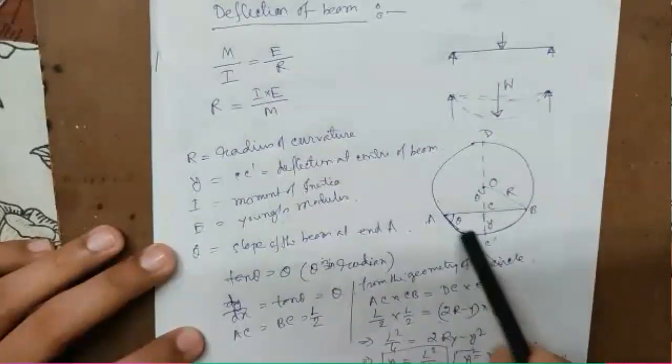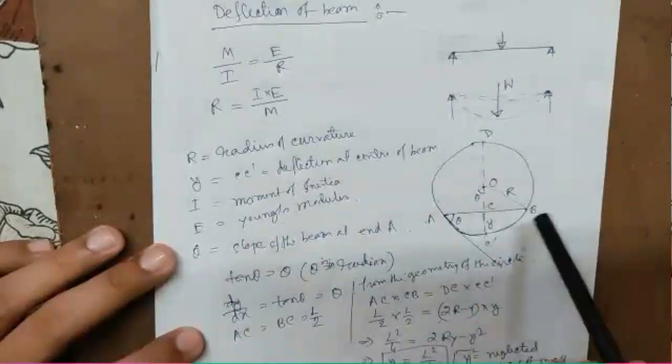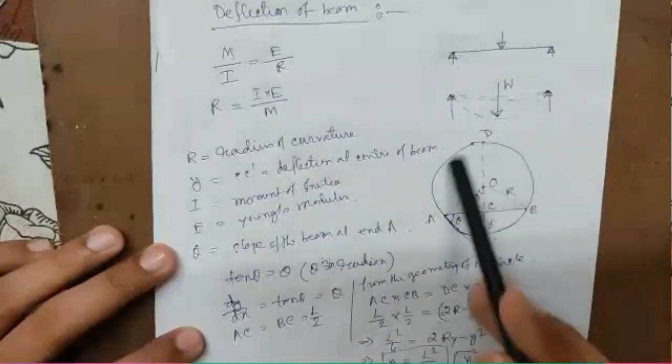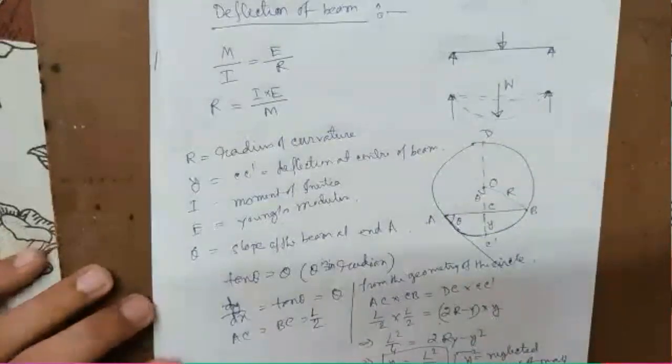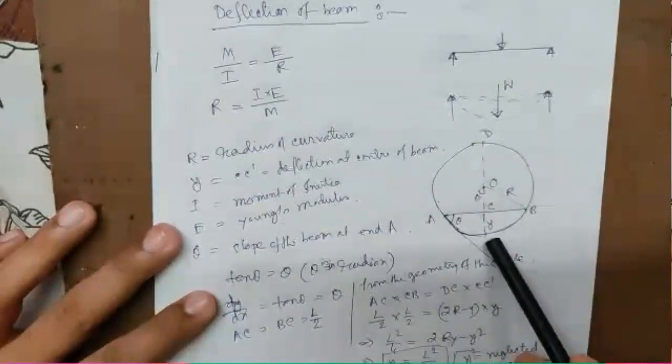So when it is taking AC dot B, this arc will produce the center of curvature at O, and the arc, if completed, will produce this circle. Here the deflection at the center C is CC dot.